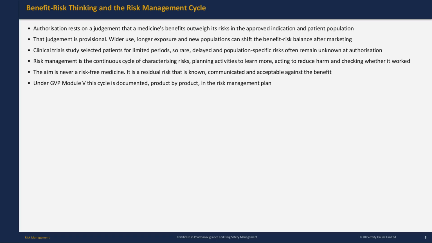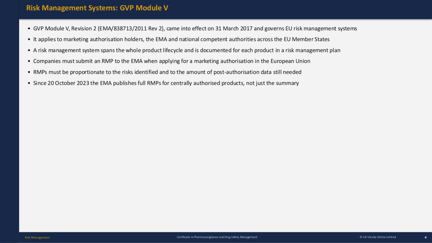Clinical trials study selected patients for limited periods, so rare, delayed, and population-specific risks often remain unknown at authorization. Risk management is the continuous cycle of characterizing risks, planning activities to learn more, acting to reduce harm, and checking whether it worked.